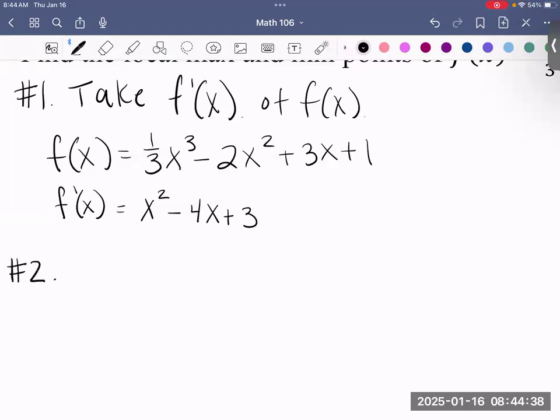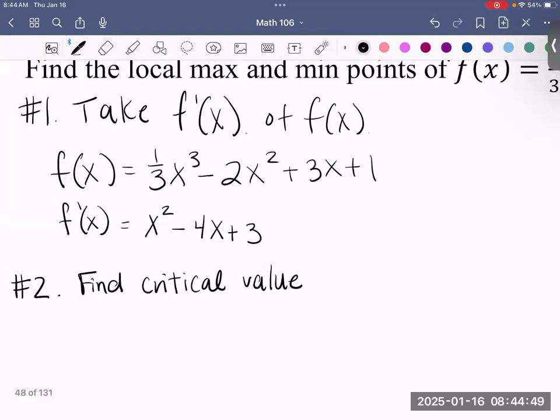Step 2, we said find critical value. In doing so, all we're going to do is set your first derivative equal to 0.